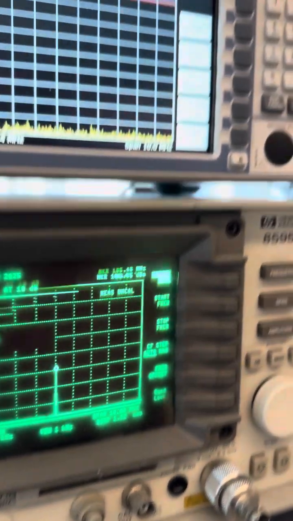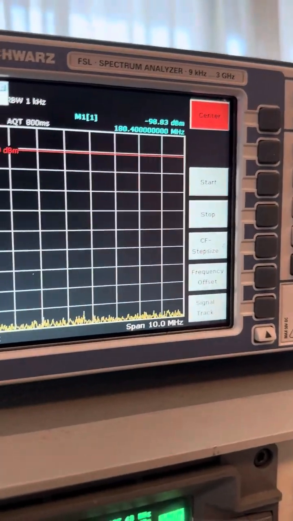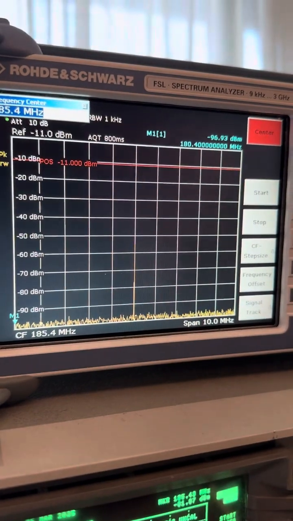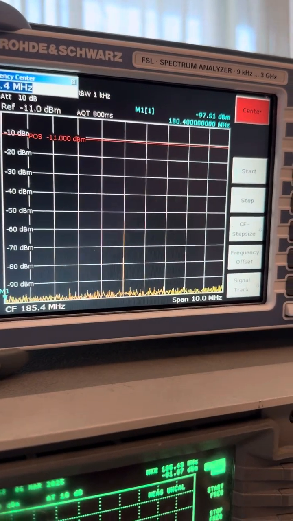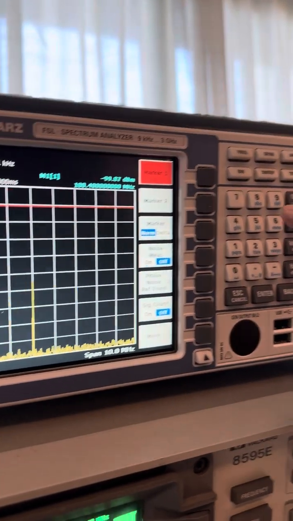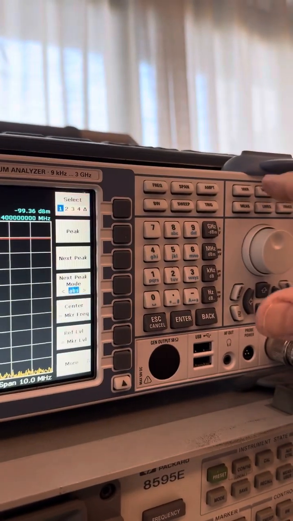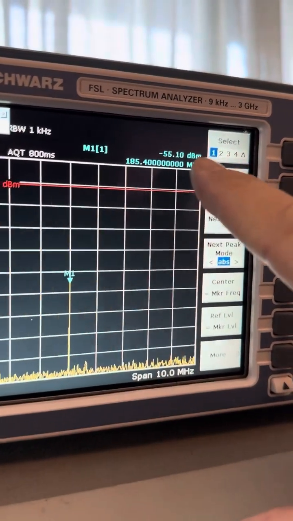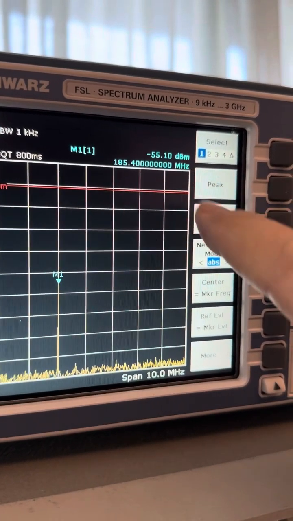I will check the same in this spectrum analyzer. In this case, I have minus 55 dB.